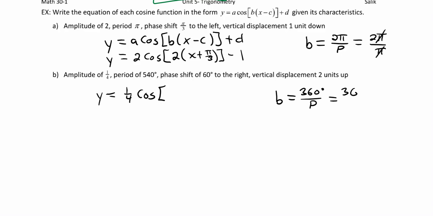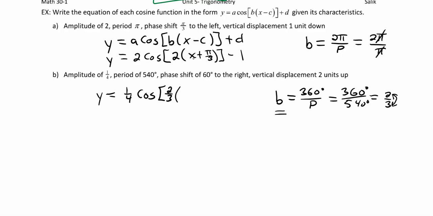So 360 divided by 540, which simplifies to 2 over 3. Okay, so my b value is 2 over 3, so I'll just throw that in. Remembering that what's actually happening there for the stretch would be 3 over 2, you'd flip those upside down, but this is literally the b value that I'm finding, so I'm just going to put it in as is, just 2 over 3.